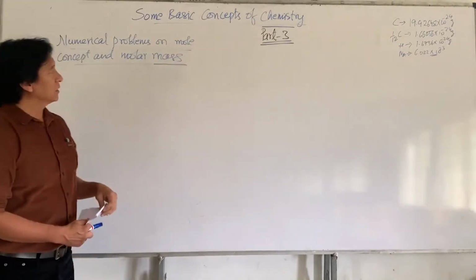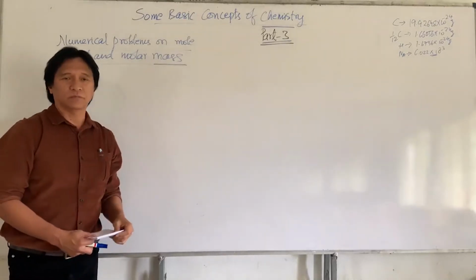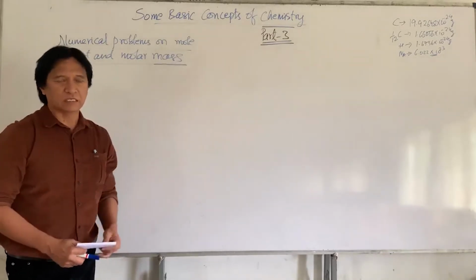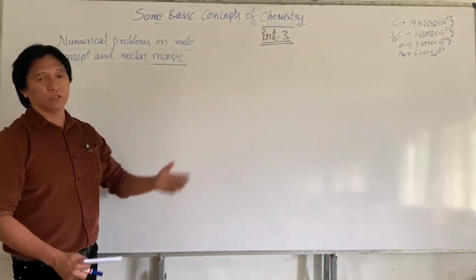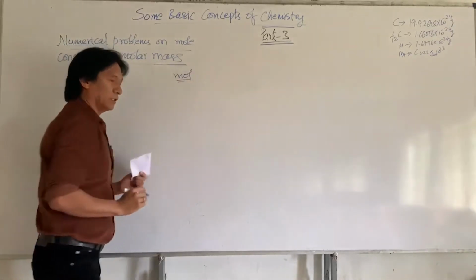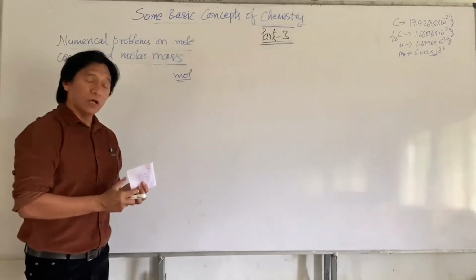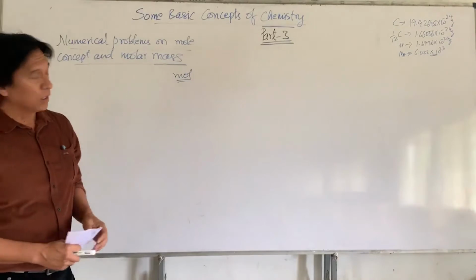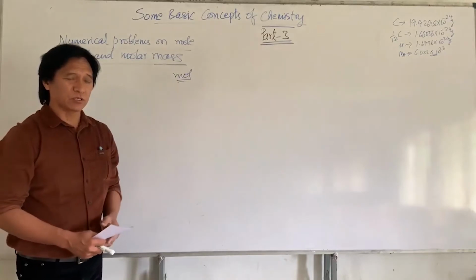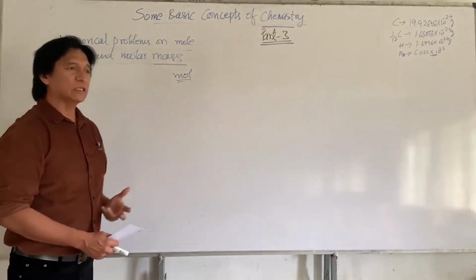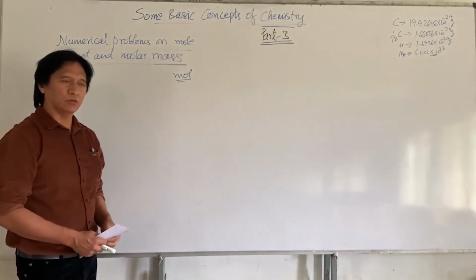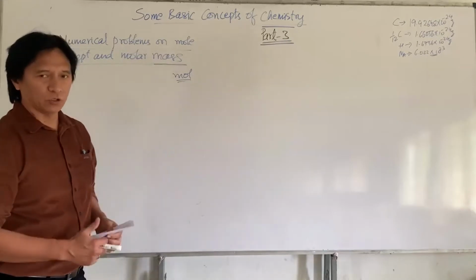Let me just tell you once again, as far as mole is concerned, mole is the unit for the amount of substance, and the symbol for this unit, mole, is mol. That's it. And now if you're asked to define 1 mole, it is defined as the amount of any substance that contains as many particles or entities as there are atoms in exactly 12 grams of carbon-12 isotope.